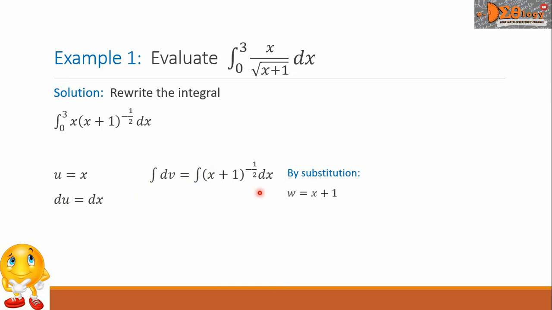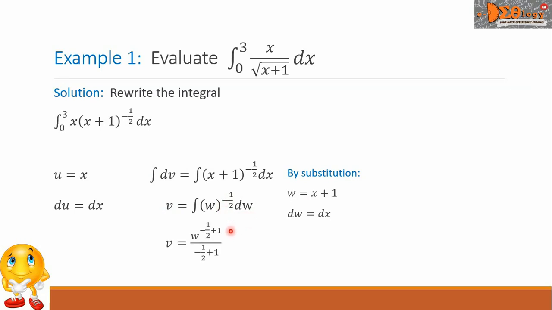For the right side, we need to use substitution. So we let another variable w equal x plus 1. So dw equals dx. Substituting now the values, the left side becomes v equals, by substitution, the integral of w raised to negative 1/2 dw.